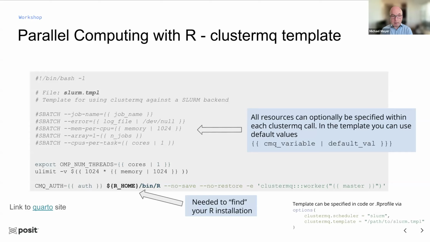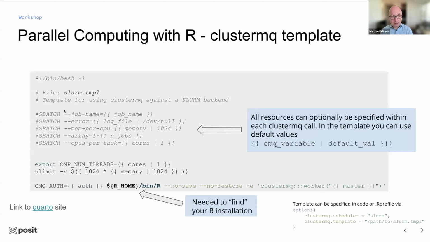This is this abstraction that I was talking about, that the cluster MQ package will detect which backend it's using, and then once it starts to start those processes, like I showed you earlier, it will use this as a template to submit those jobs.